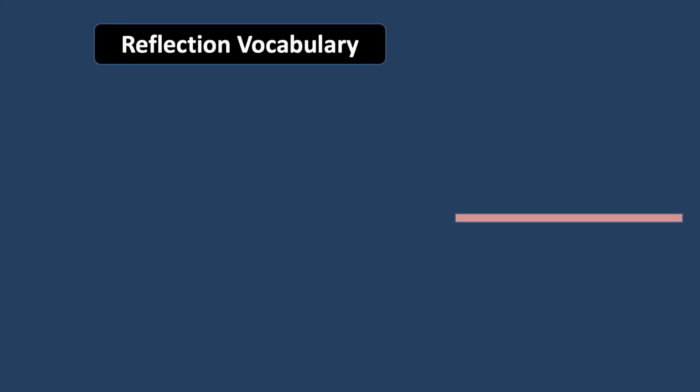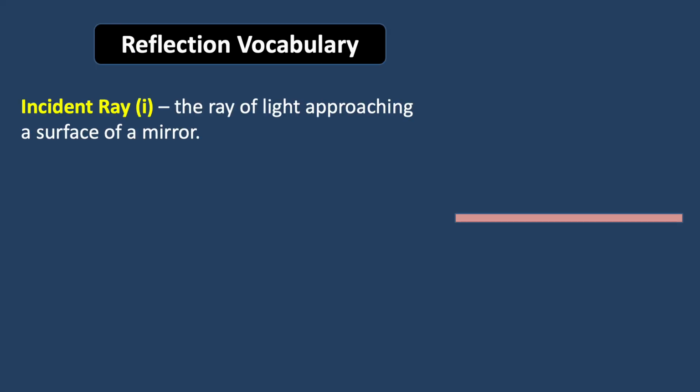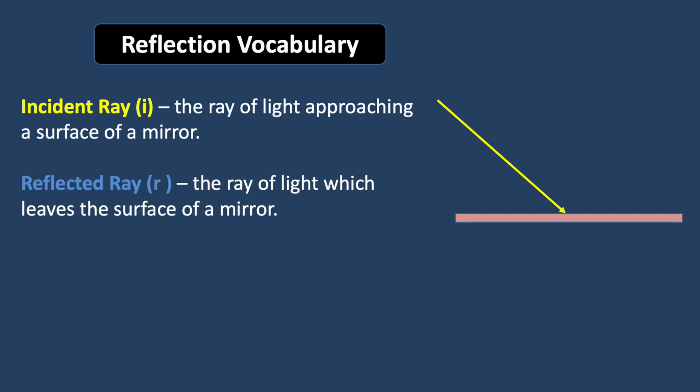Next, when drawing a reflection, we have the incident ray, and this is the ray of light that is approaching the surface of the mirror. It is the light coming in. After the reflection happens, we have the reflected ray, and this is the ray of light which leaves the surface of the mirror, and it is the light bouncing off.